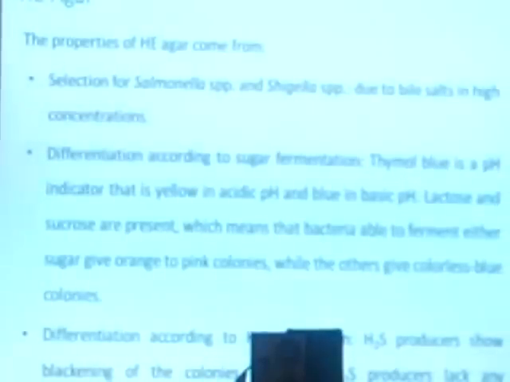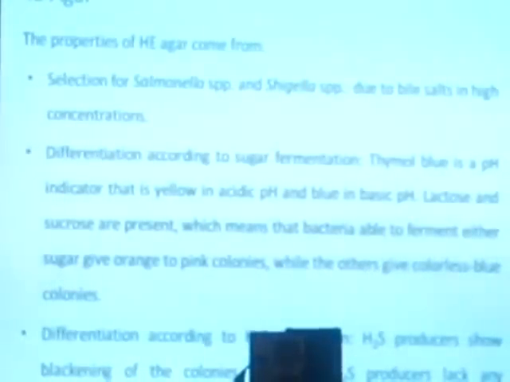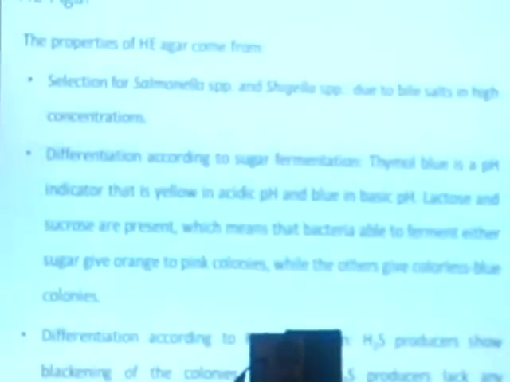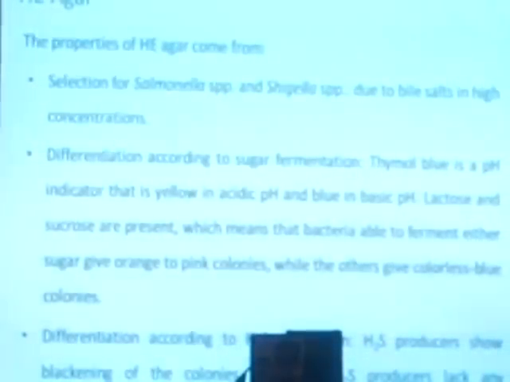It means that if the bacteria is able to ferment at least one of these, either lactose or sucrose, then the color of the colony would be orange to pink, because of the yellow color mixing with the blue background.